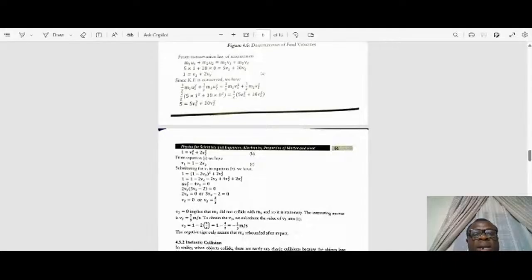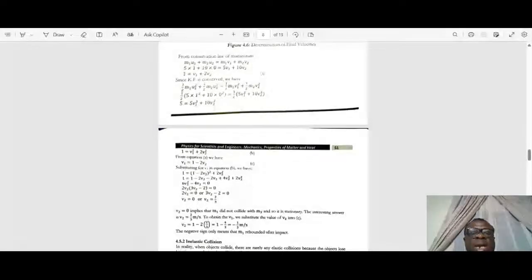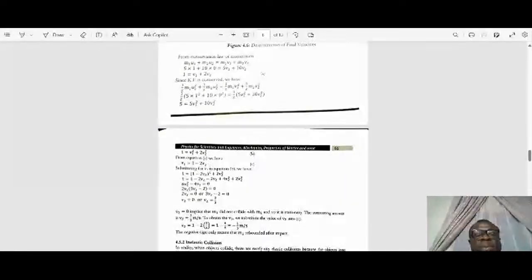The value of m1 is 5 and the value of u1 is 1, so we have 5 times 1 plus the value of m2 is 10. The value of u2 is 0, so we have times 0, equal to m1, which still remains 5, times v1. Remember, v1 is not known. Plus m2, still 10, times v2, which is still not known.